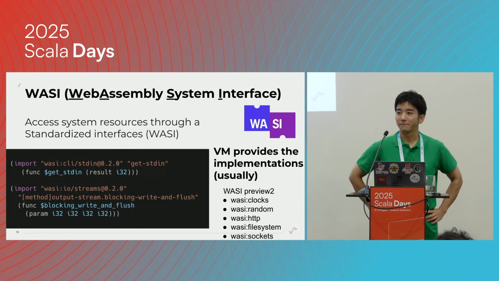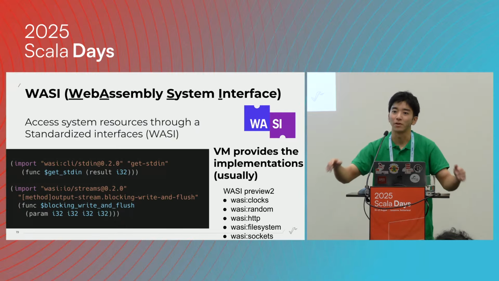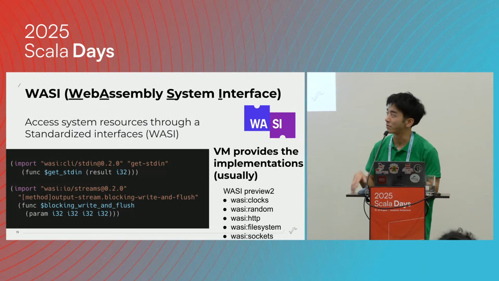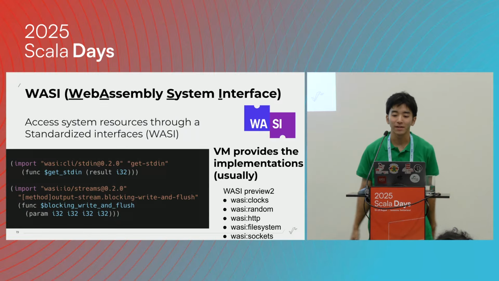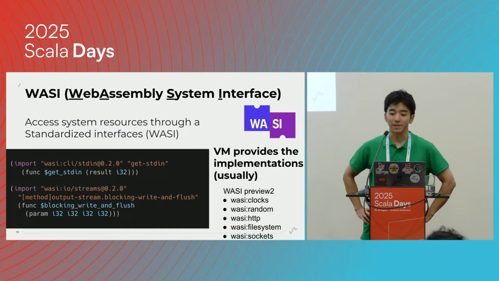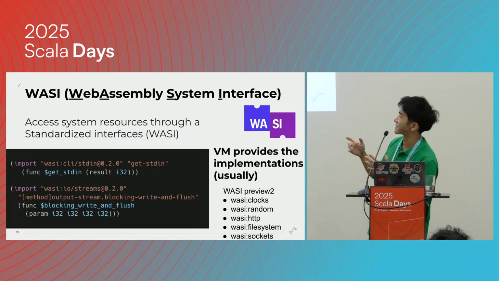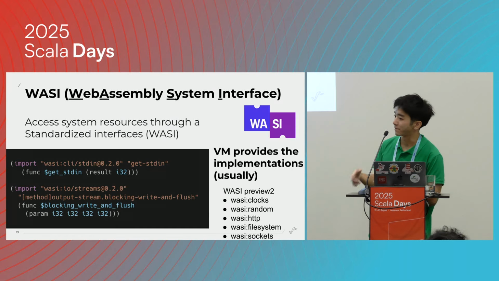And WASI, WebAssembly System Interface, provides a standardized interface for system operations like printing something, sending HTTP requests, reading the file system, and so on. It defines a collection of standardized Wasm import signatures for things like clocks, writing something to stdout, HTTP requests, file system, and sockets.